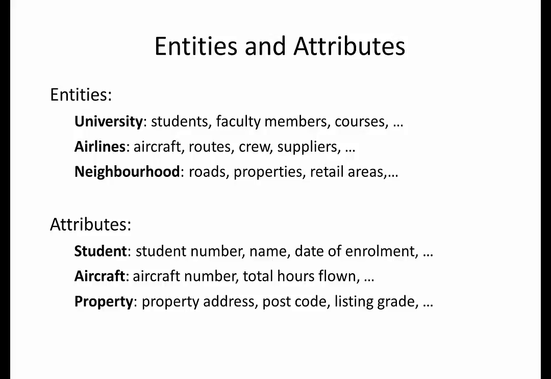Within the university, one of the entities is a student. A student may have a student number, a name, a date of enrolment. One of the entities of an airline is an aircraft. An aircraft may have an aircraft number, a sum of how many hours it's flown for its maintenance record, things like that. So entities have attributes.